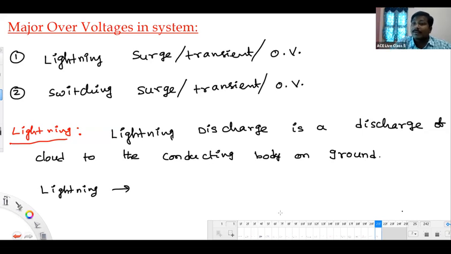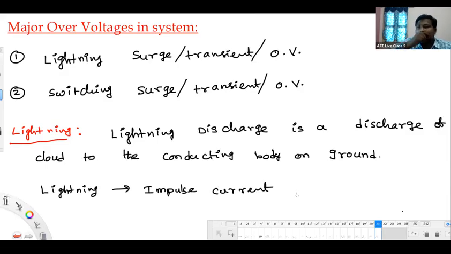So it will be in the form of impulse. So basically, this lightning discharge is an impulse current. I think all of you are getting this point. Lightning discharge is in the form of impulse current.